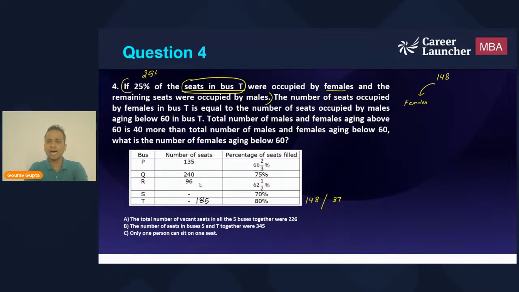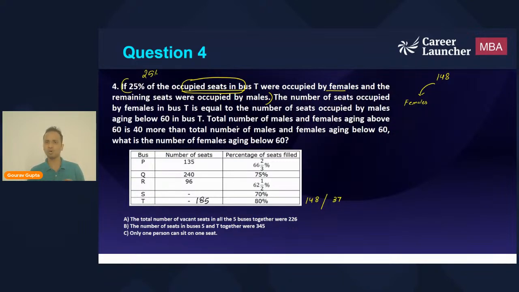So I will make a small correction in this question. It should be 25% of the occupied seats in bus T. 46.25 seats cannot be occupied.